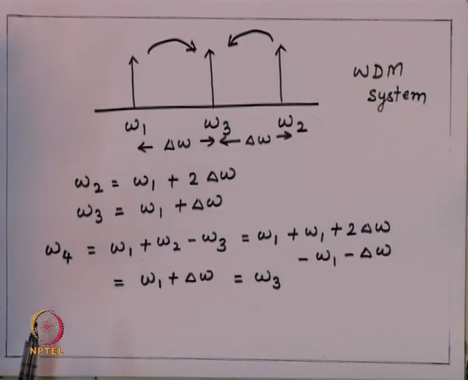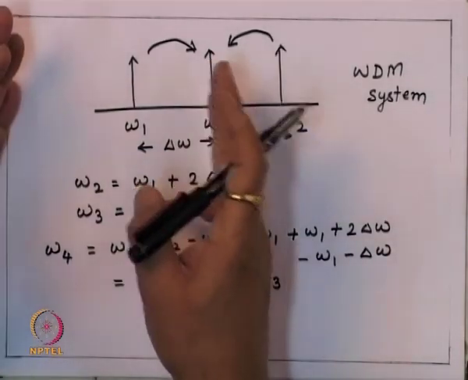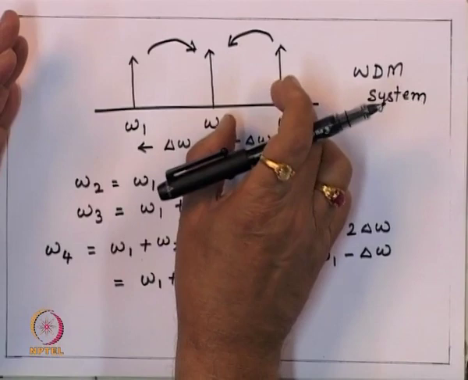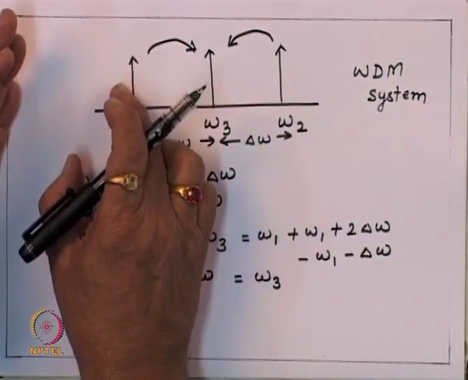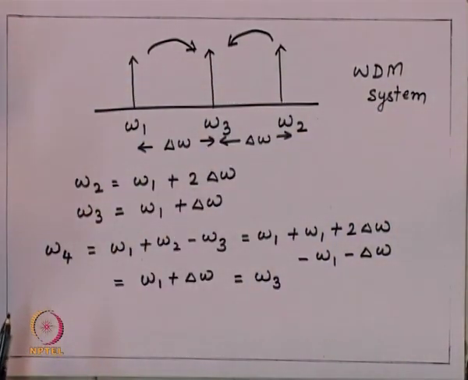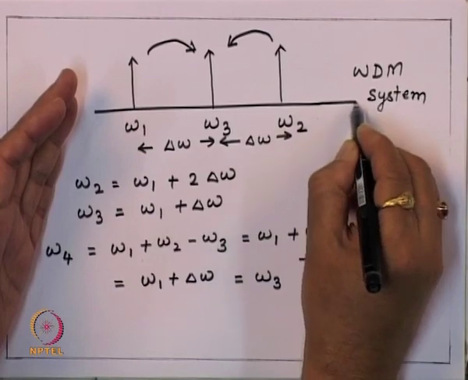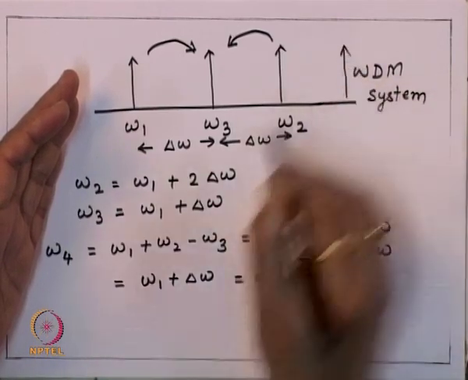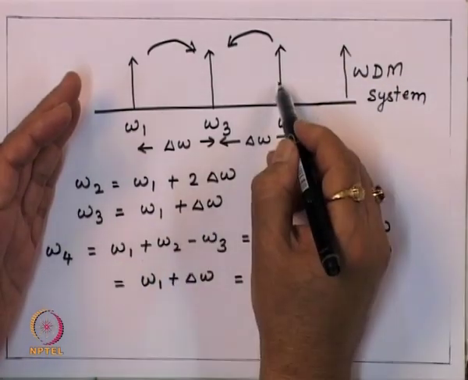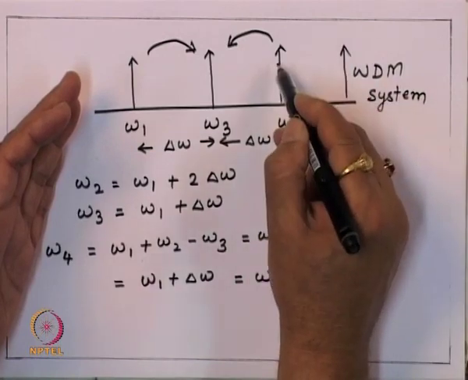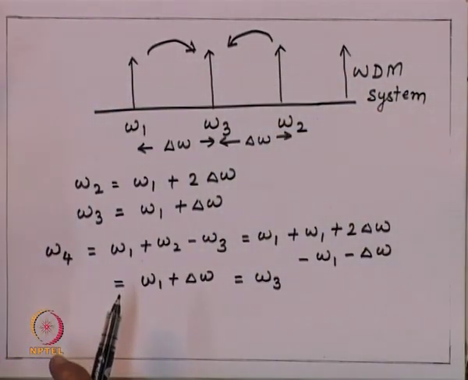Or you will see that there is going to be some crosstalk created between this channel and this channel, and similarly between this channel and this channel. Now, this we have seen only for the 3 channels. When you have a large number of channels propagating, each of these channels would have a tendency to get the power from this to this and this to this.